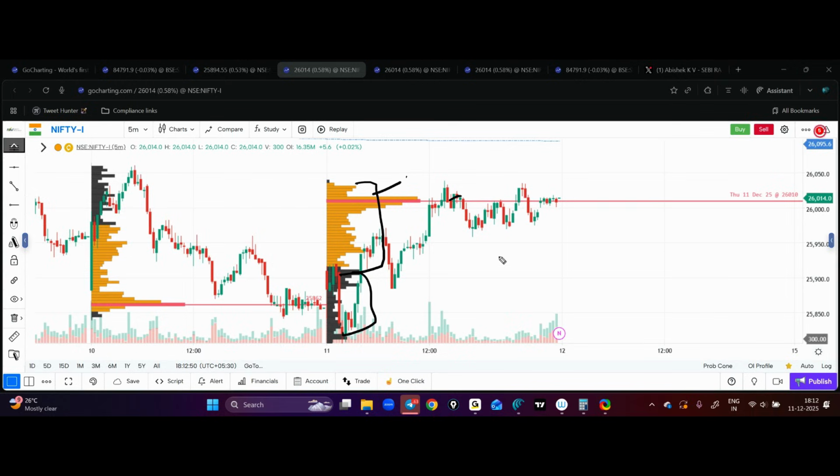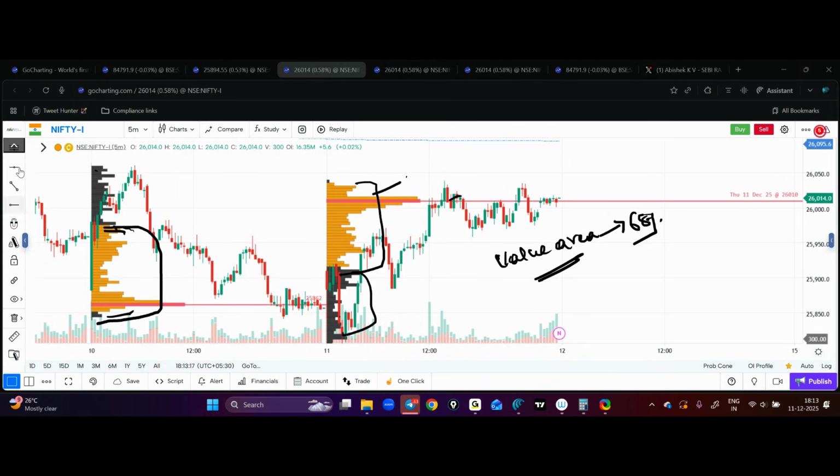So the yellow part is called my value area. Value area is where 68% of my day's volumes are traded. That is, if this is my entire day's profile, 68% of the volume activity was traded in this region for me yesterday.